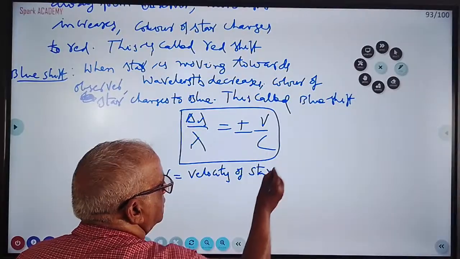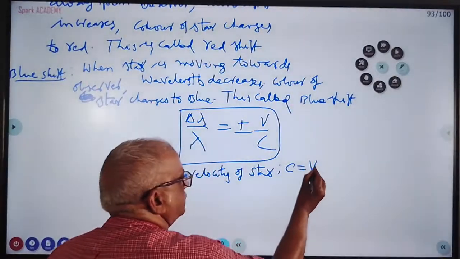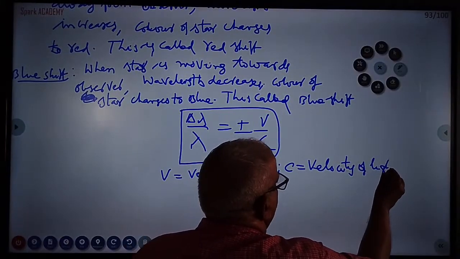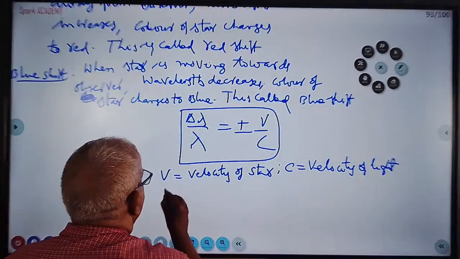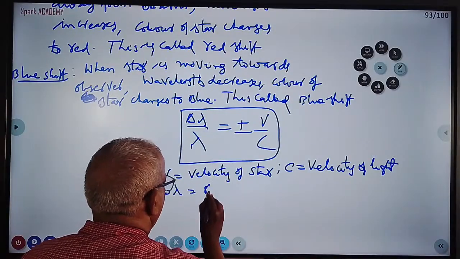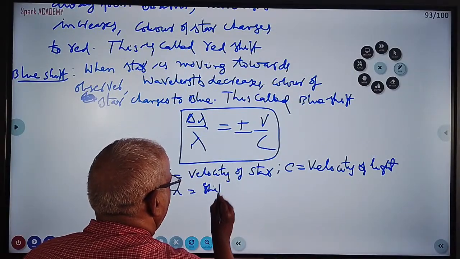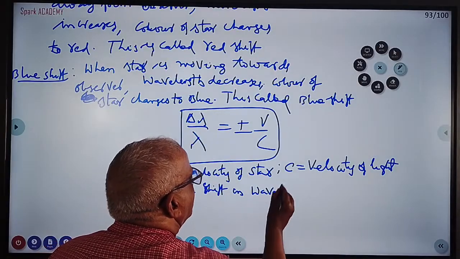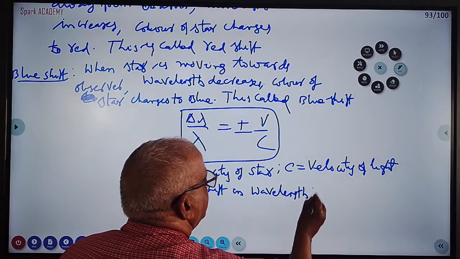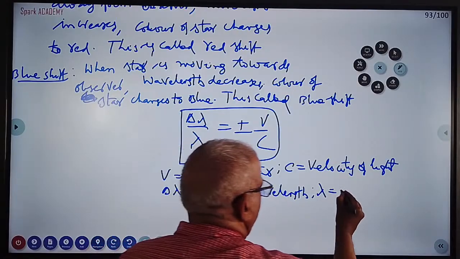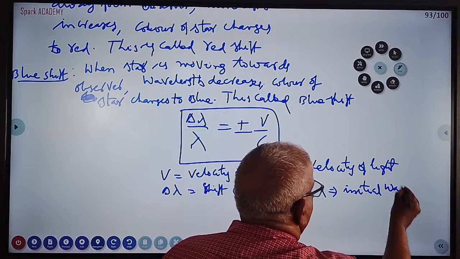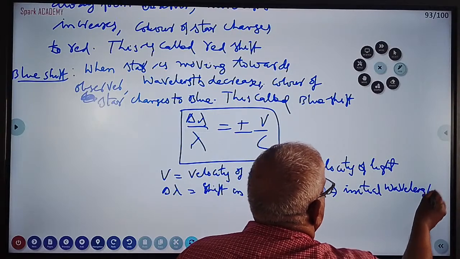C is the velocity of light, that you know, 3 × 10⁸ meters per second. Delta lambda is the shift in wavelength. Lambda is the initial wavelength. If you want to write the formula you can write it, otherwise you can leave it. It is better if you write mathematically the initial wavelength.